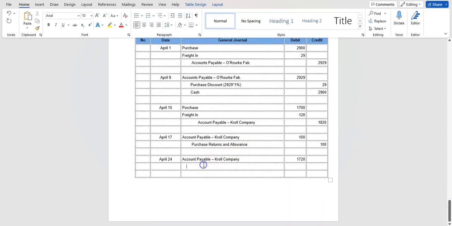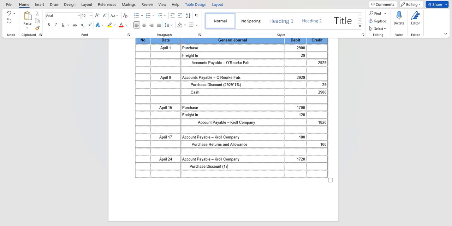Okay, so next, once we get that debited, we want to go and credit our purchase discount of 1% because we did pay within the period. Okay, so our purchase discount, and then I'll put in parentheses how we get this number.